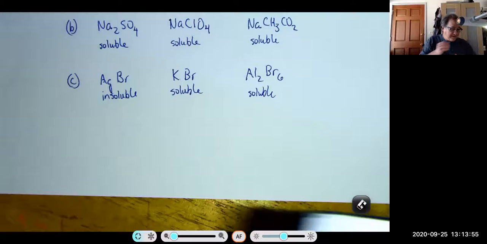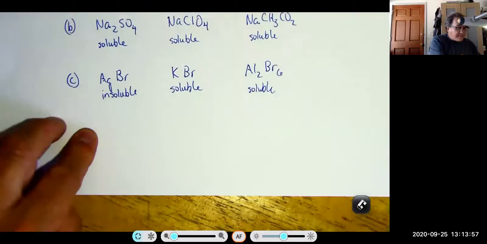That's not bad. If you can memorize which ones are soluble and which ones are not soluble, it helps. Let me give you the list of ones that you should probably remember for soluble. Group 1A cations, so we're talking lithium, sodium, potassium, all of them.